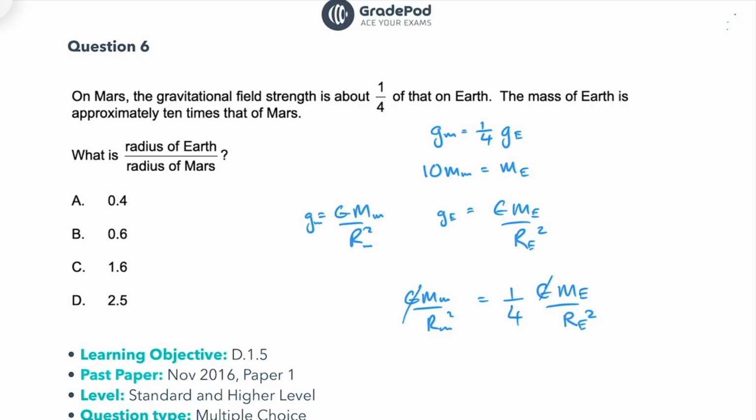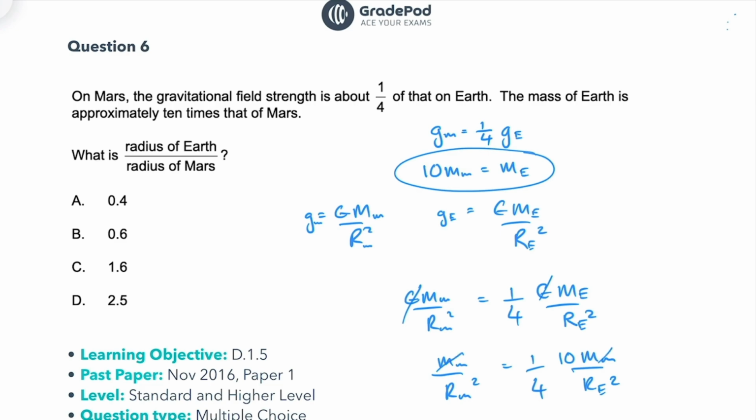We can cancel out these G's. We also know that M_M over R_M squared equals a quarter M_E, but instead of M_E we can write 10 M_M from here over R_E squared. That means we can cancel out the M_M.